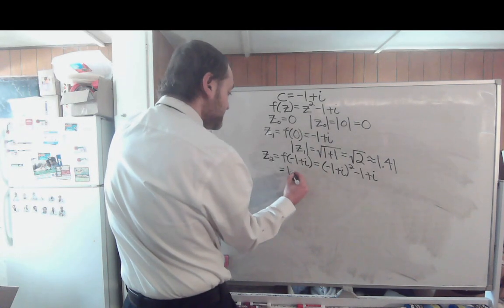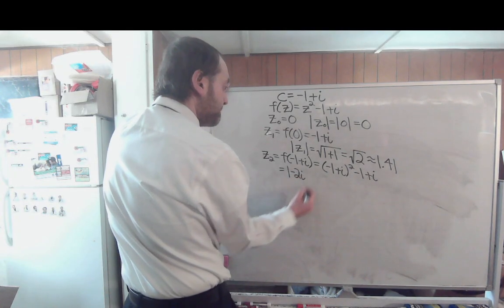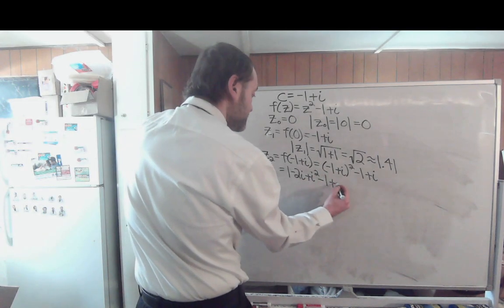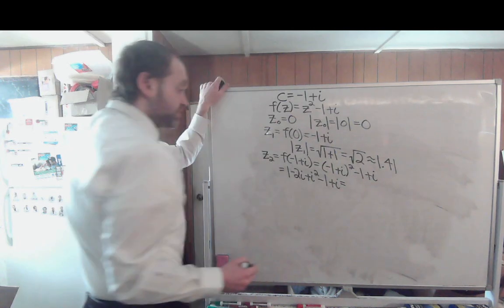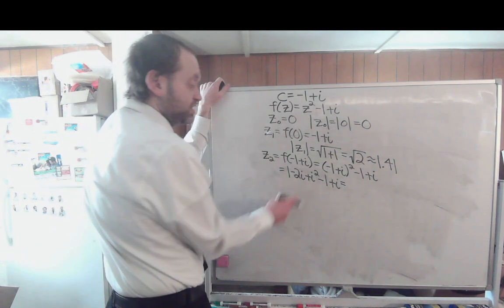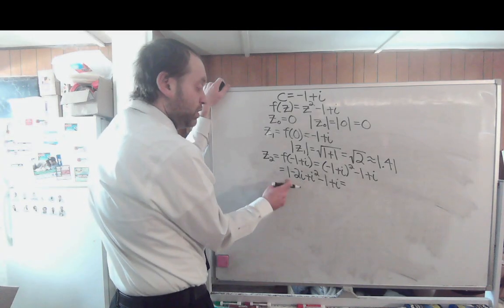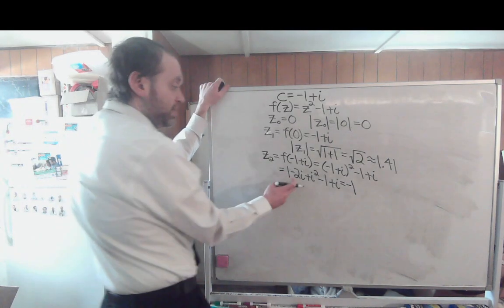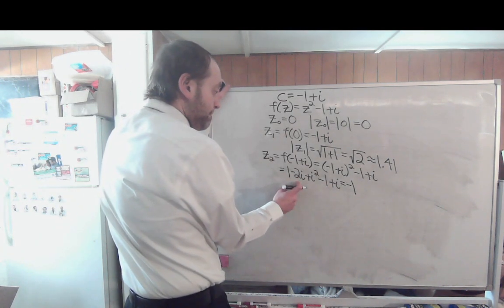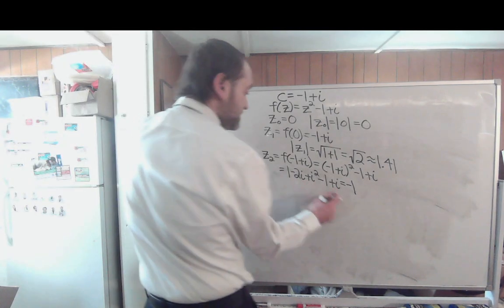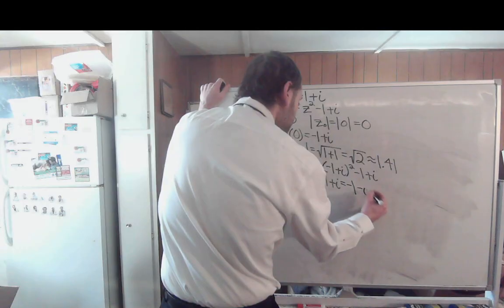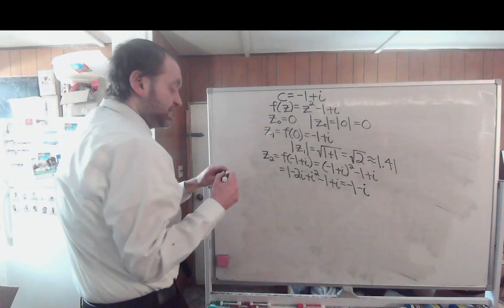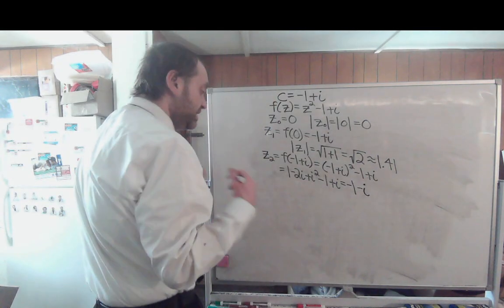Then you'd have -2i plus i squared minus 1 plus i. So that's going to see 1 plus i squared is negative 1. 1 minus 1 is 0, minus 1, that gives you negative 1. Then you have 2i, negative 2i plus i, that'd be minus i. So you end up getting z sub 2 being negative 1 minus i.